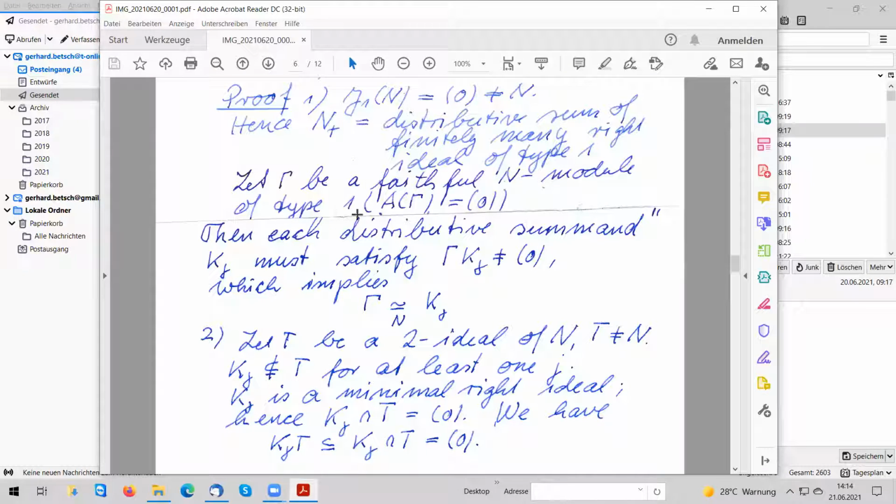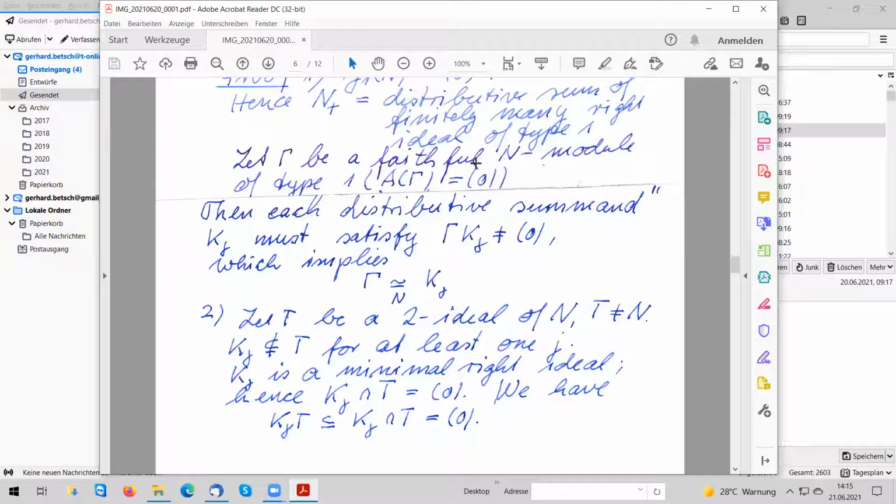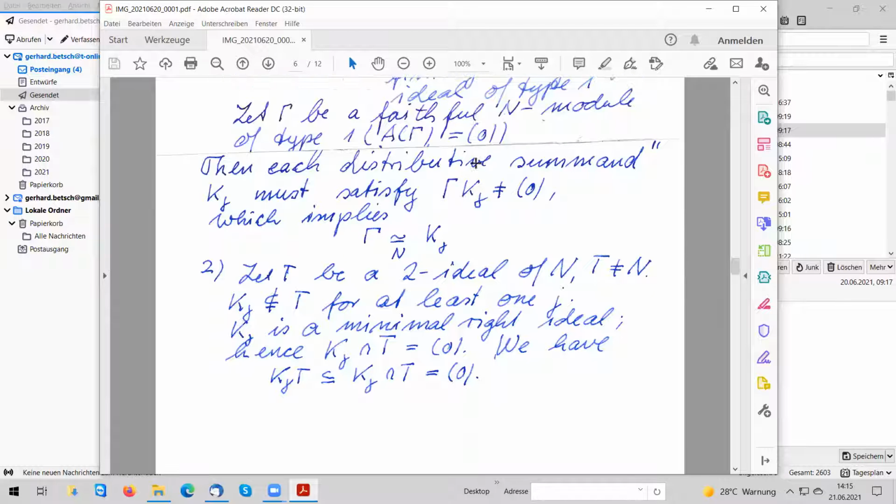So all the Kj's are N-isomorphic to Γ. They are N-isomorphic among themselves.